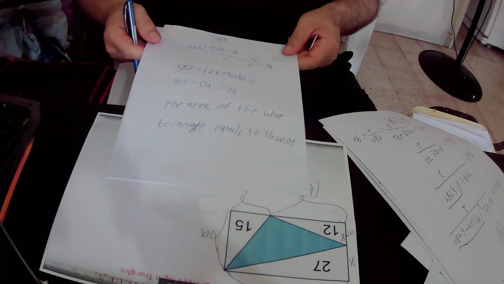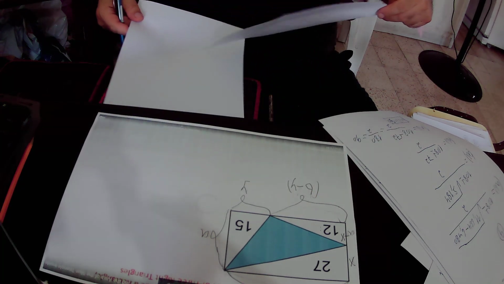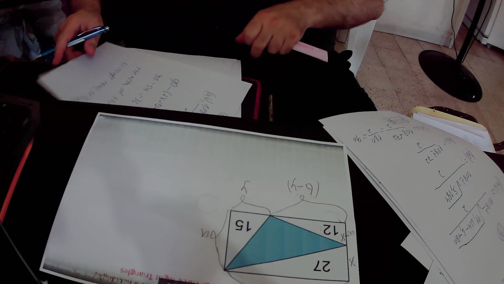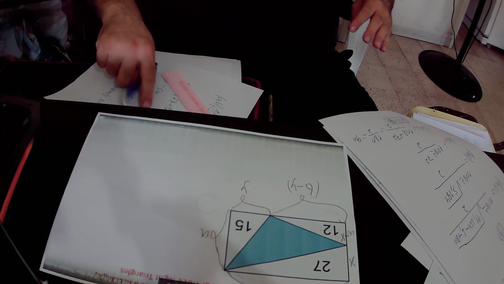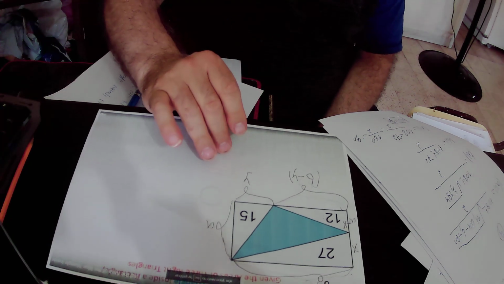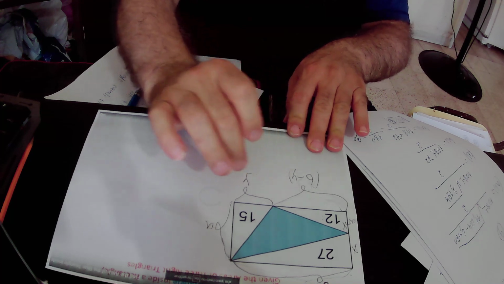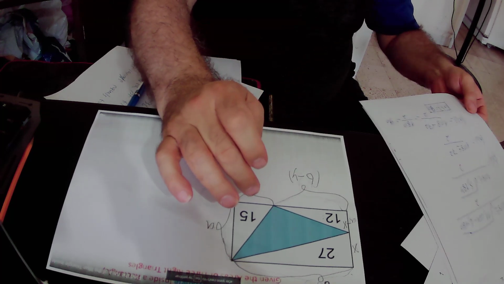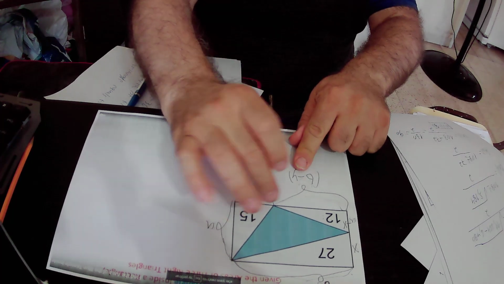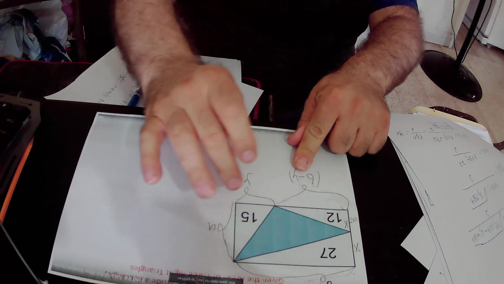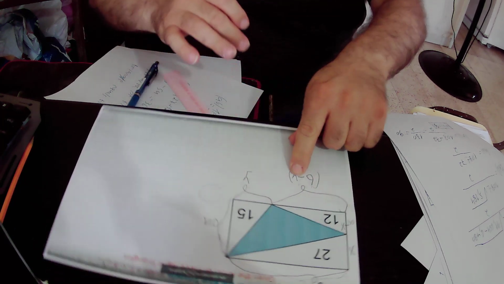Okay, so we can summarize our lecture. We actually wanted to find the area of the blue triangle, and the areas of the three right triangles are given to us, as you can see.